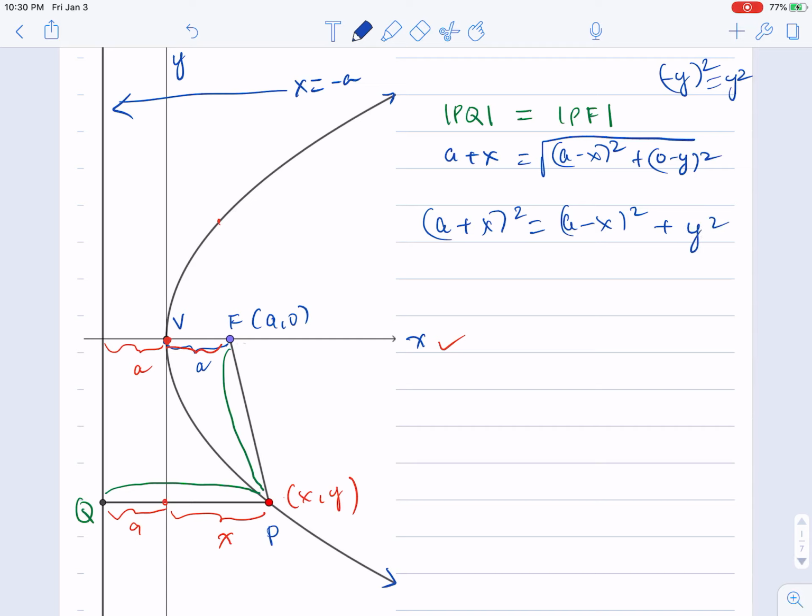Okay? So, expanding, we have a squared plus 2ax plus x squared, no? Is equal to a squared minus 2ax plus x squared plus y squared. Gets nyo yung expansion? So, in-square ko to, naging ganito siya.